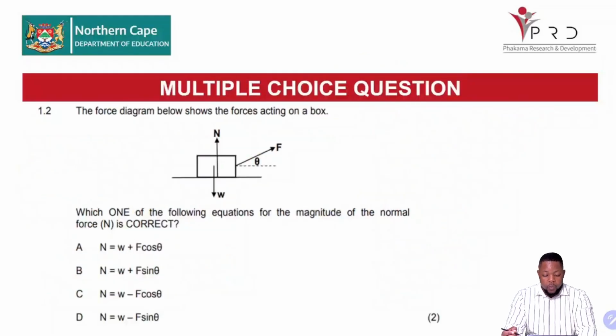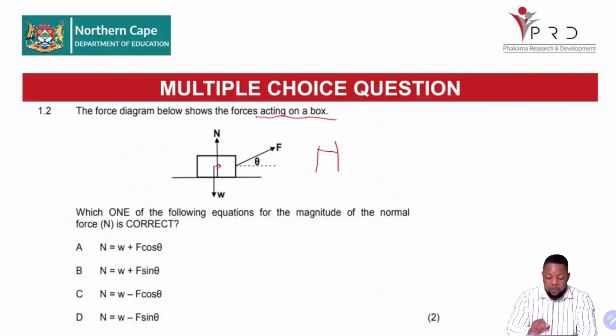Now, what are the multiple choice questions that we can expect in Newton's laws? Let's look at 1.2. The force diagram below shows the forces acting on a box. Now, we have a box here with forces: gravitational force, normal force, and the force acting at an angle. You will recall we have talked about how to calculate a normal force when there's a force acting on a box at an angle.